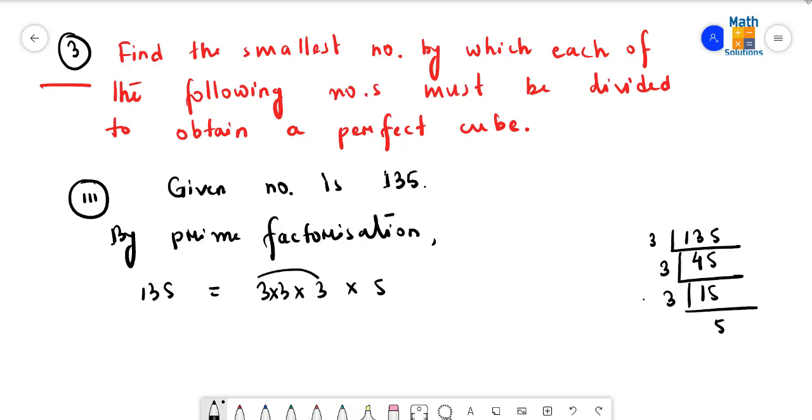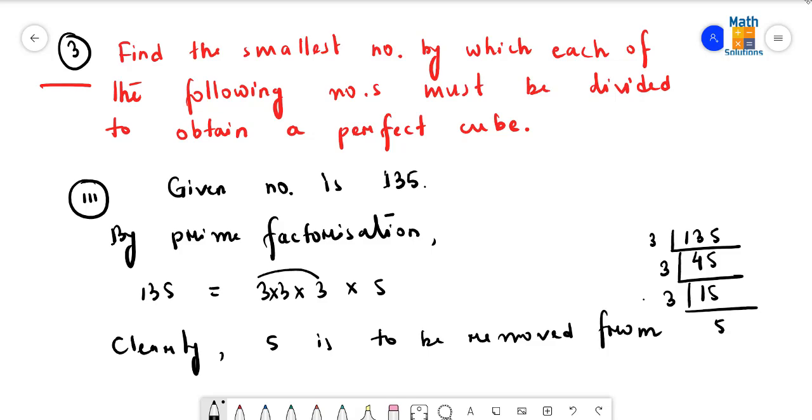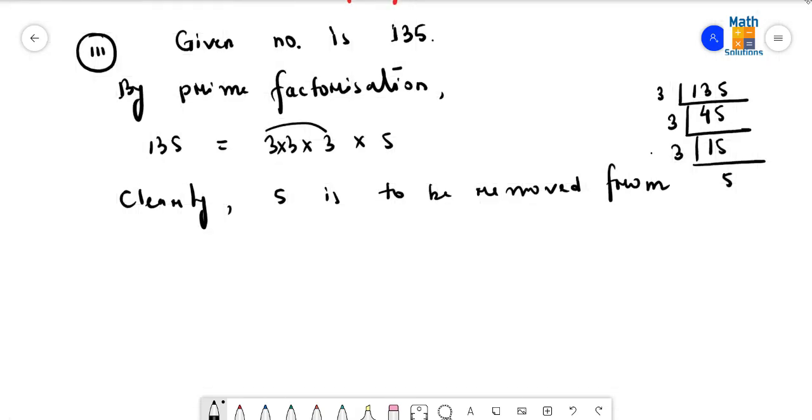So 5 is left. Clearly, 5 is to be removed from 135 to make it a perfect cube.